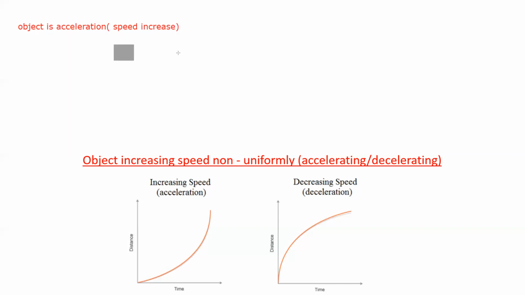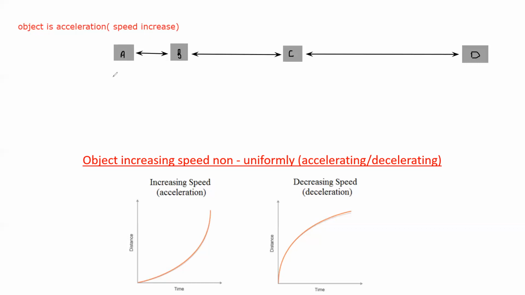So this is an object, position A, B, C, and D. This is at the beginning, 0 seconds.